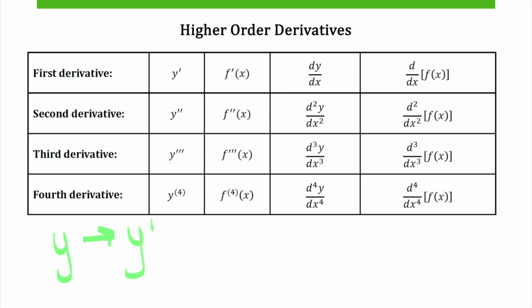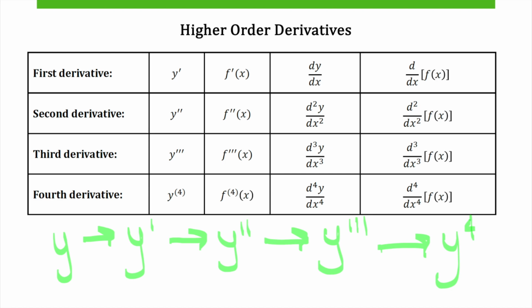If I take the derivative of that, I get y prime prime. If I take the derivative of that, I get y prime prime prime. And then they were like, yeah, we can't just keep writing little apostrophes, so then we're just going to move to numbers. So here's the first derivative, second derivative, third derivative, fourth derivative.